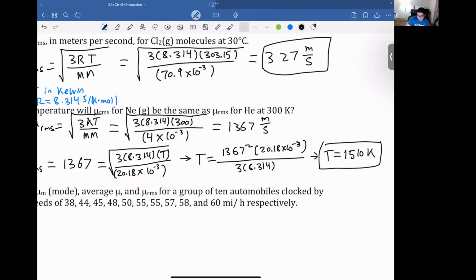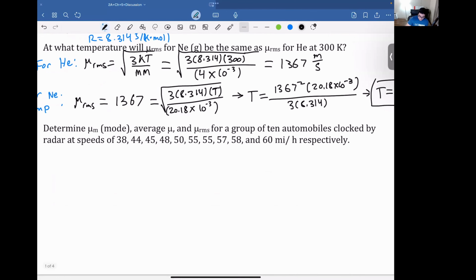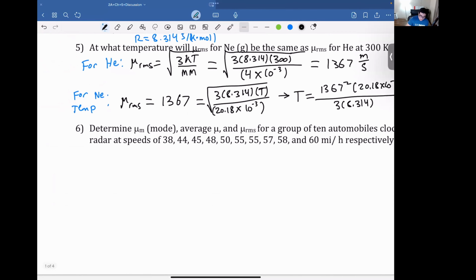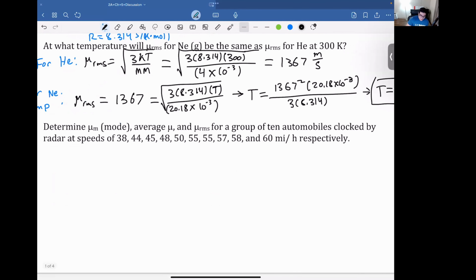And this makes sense because for neon to go the same speed as helium, you need an elevated temperature because the molecules are heavier, right? The neon atoms are just heavier than helium, so they need more energy to, on average, go the same speed.